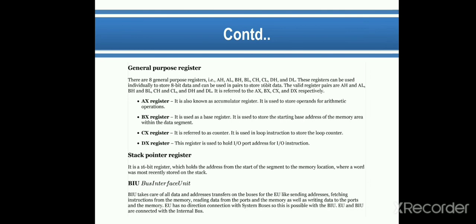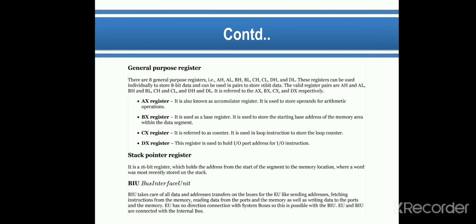Okay, then the bus interface unit, BIU. Basically, the BIU takes care of all data and address transfers on the buses for the EU, like sending addresses, fetching instructions from the memory, reading data from the ports and the memory, as well as writing data to the ports and the memory.